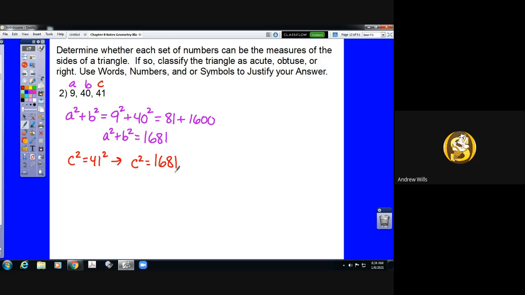What kind of triangle is this? Type it in the chat. Nailed it. Good. Okay. Again, if we compare our c squared to our a squared plus b squared, they are in fact this time the same number. Since they are equal, this is a right triangle.